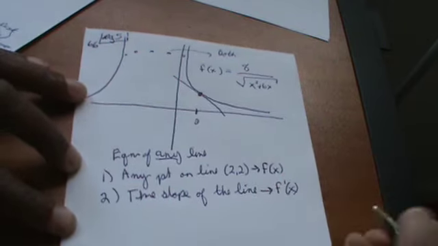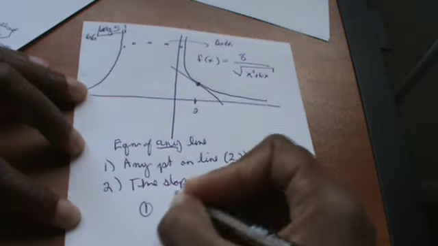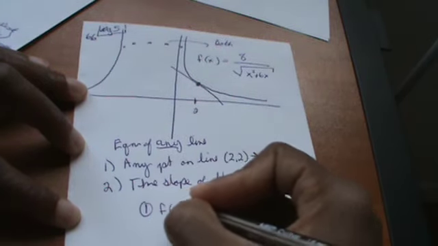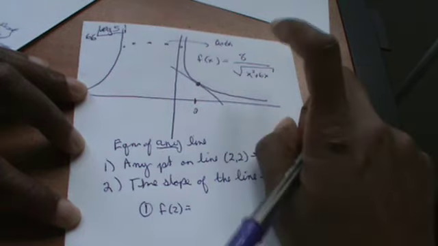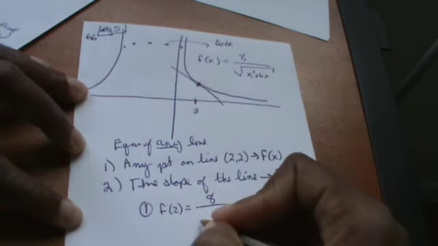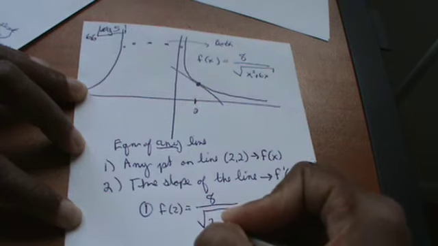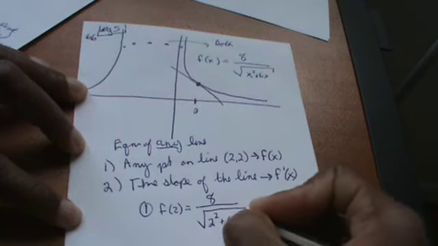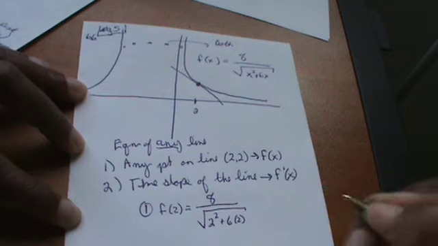They've given you both the x and the y, but we're going to check to see whether that's true. So if we do f of 2, going back to our original function here, this is equal to 8 over the square root of 2 squared plus 6 times 2.